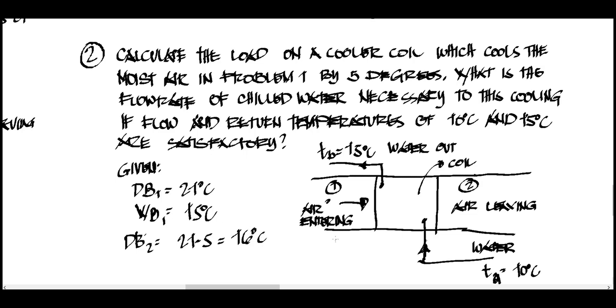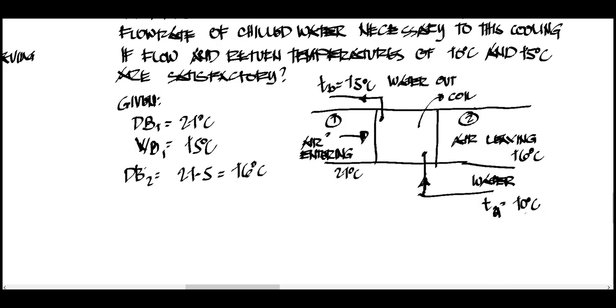So we have 21 degrees Celsius cooled into 16 degrees Celsius going out here. Then the given specific volume, which we already took from the psychrometric chart, is 1.5 cubic meter per second.